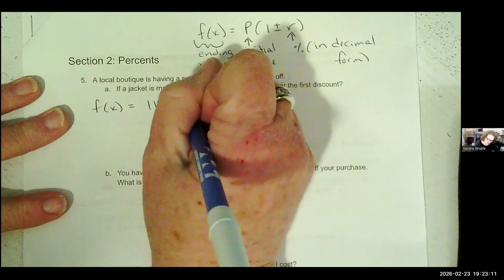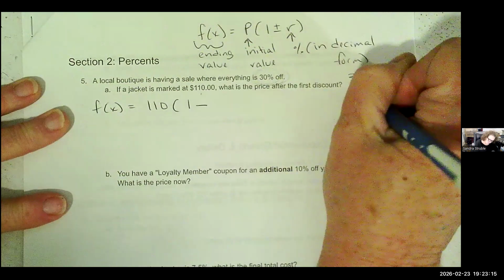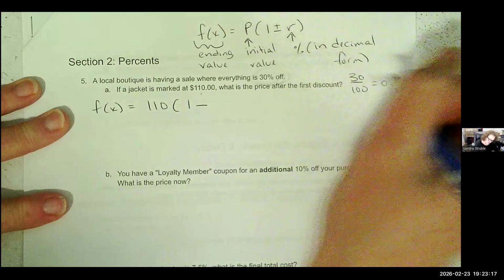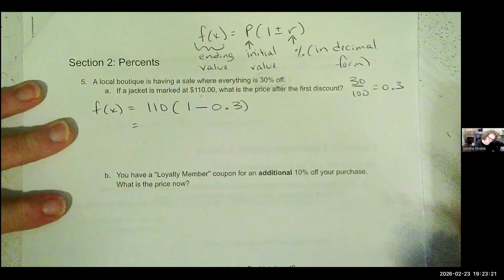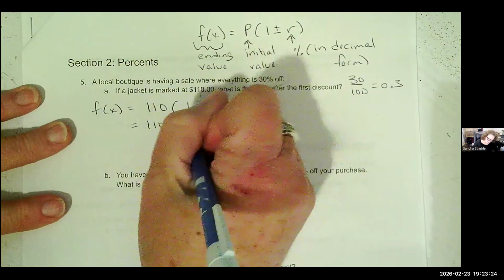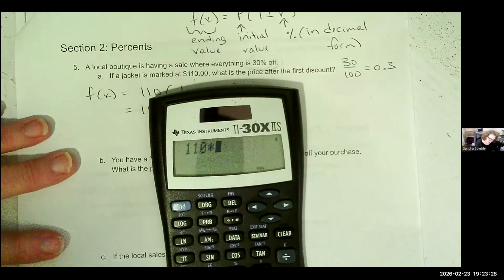The percent is 30. 30 divided by 100 is 0.3. So this is going to be 110 times 0.7, and that's $77.